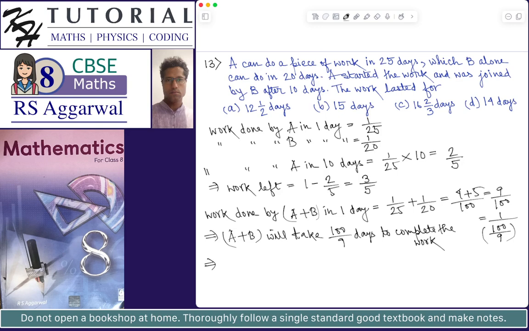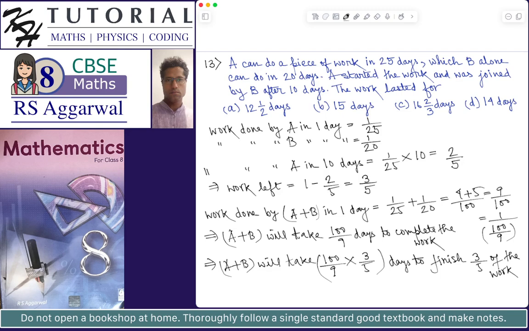So we can say that A plus B will take 100 by 9 multiplied by 3 by 5 days to finish the 3 by 5 part of the work. So the answer is 100 by 9 multiplied by 3 by 5.